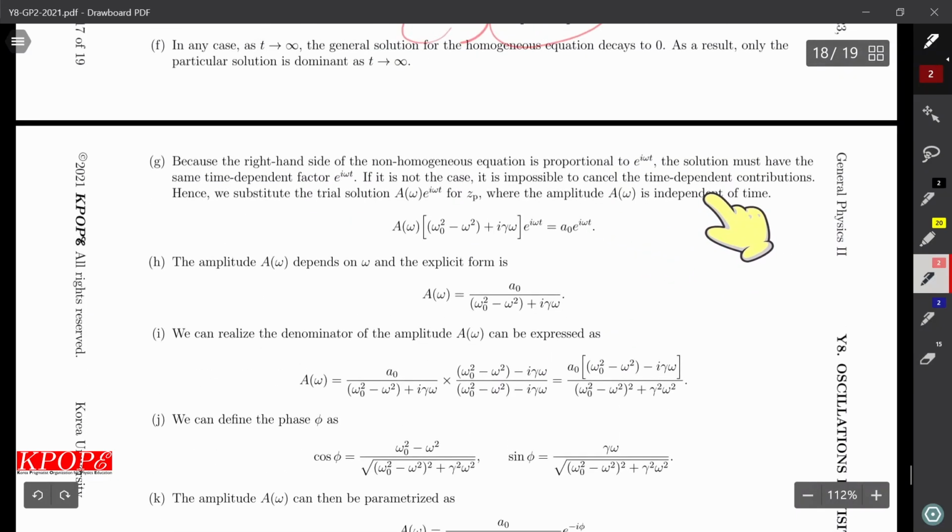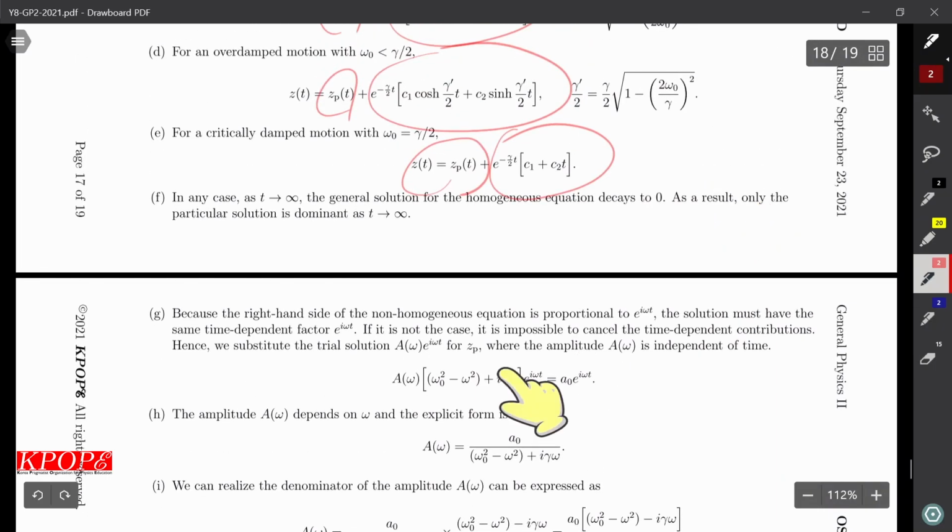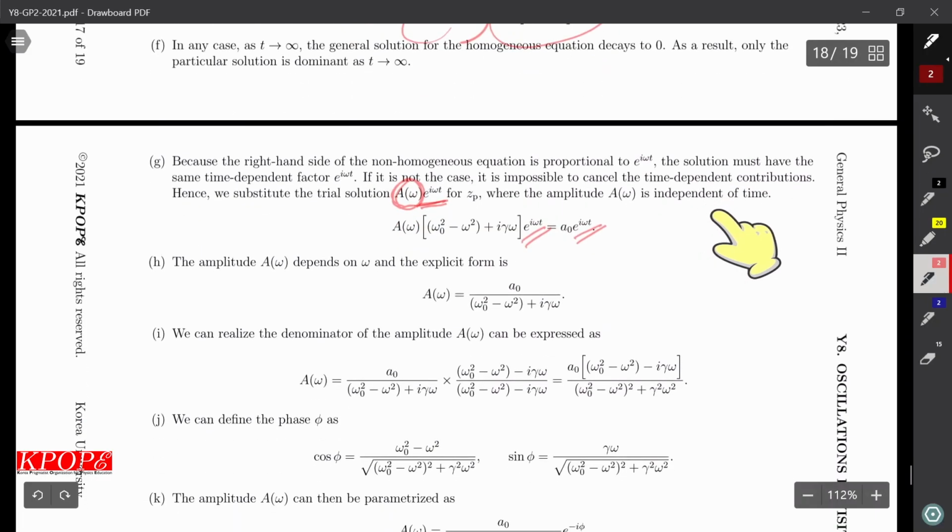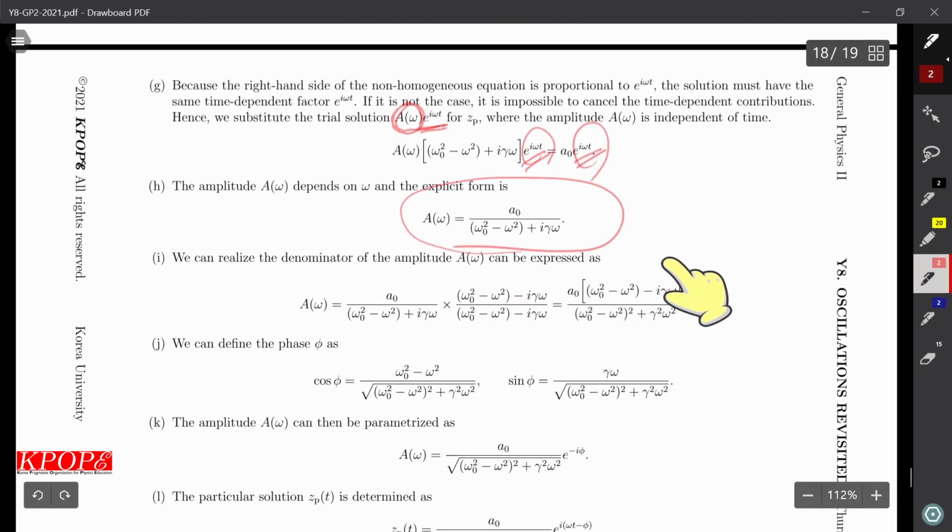The particular solution can be obtained by substituting the trial solution with an undetermined amplitude and the same functional form as the right-hand side. Then you will find this exponential factor disappears, and this is the equation for the amplitude. But you will find there is a complex number that appears.